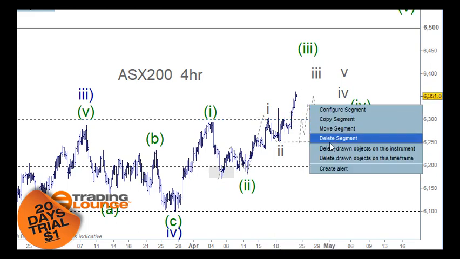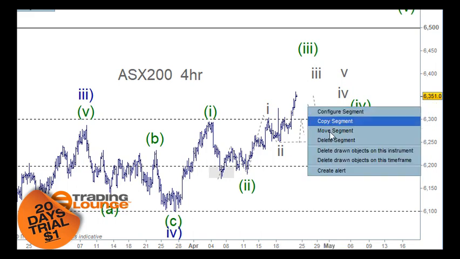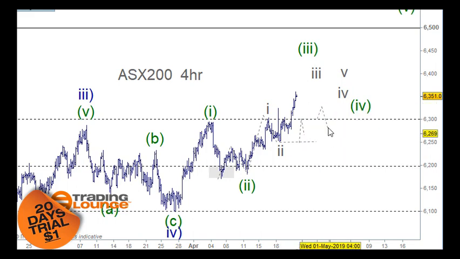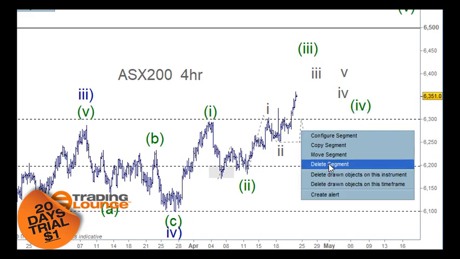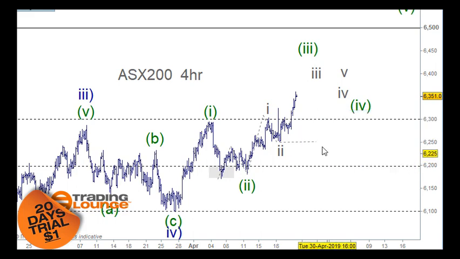So if I can just clean this up a little bit, we'll have a look at this in more detail, but I just want to get the outside picture done up here. In this case, I wouldn't worry too much about this spike here. It didn't make that new high on the cash market. So we'd look at this as wave 1 and 2 here. From here, we can look at this as wave 1 and back for wave 2 here.